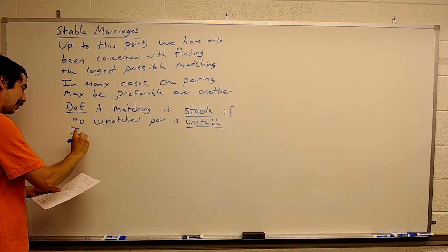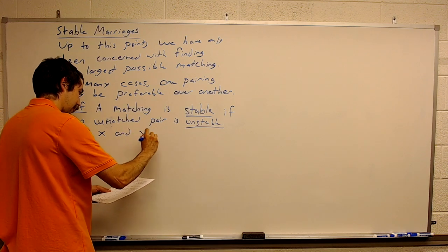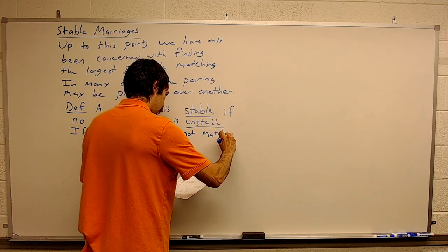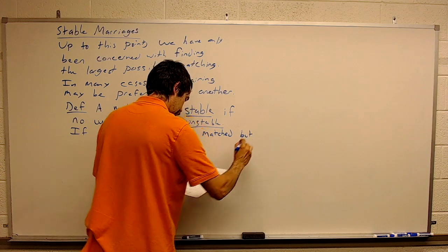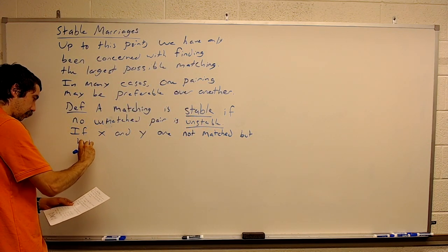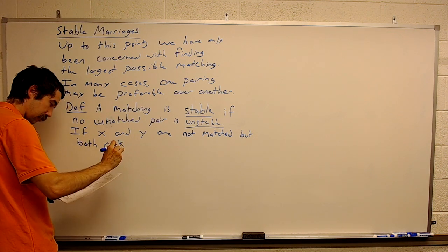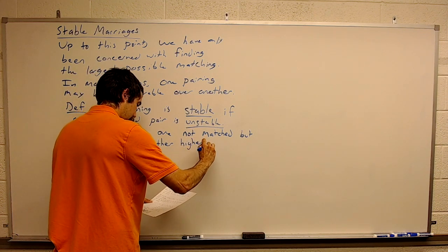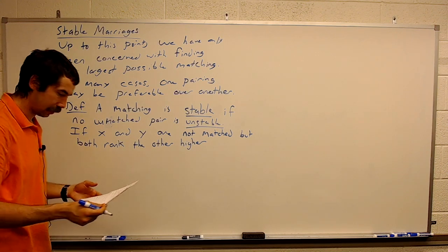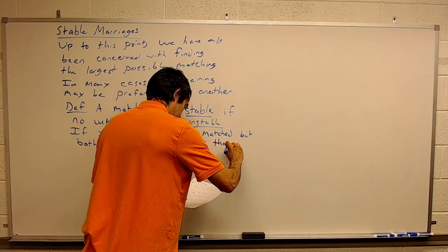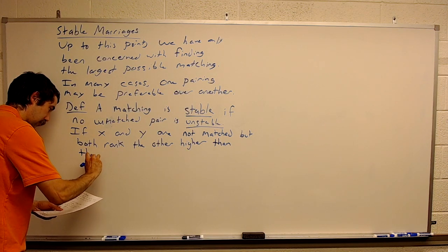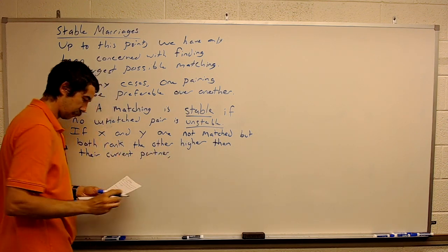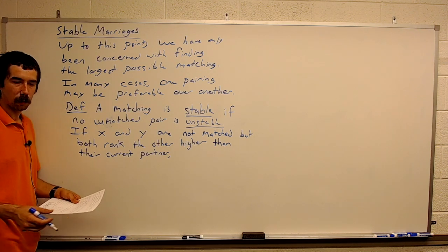If X and Y are not matched, but both rank the other higher than their current partner, then X and Y form an unstable pair.